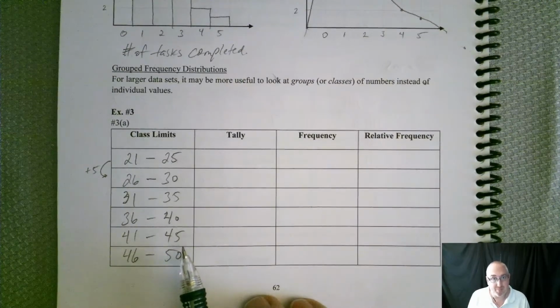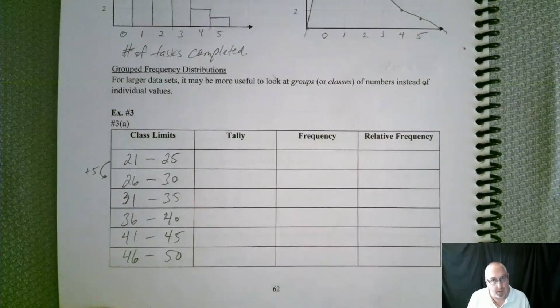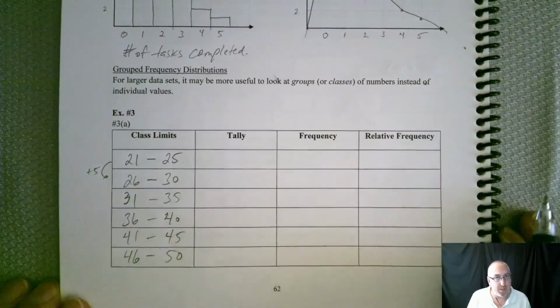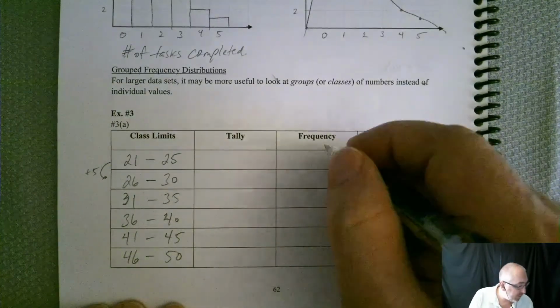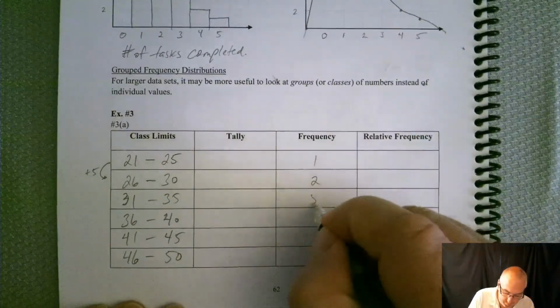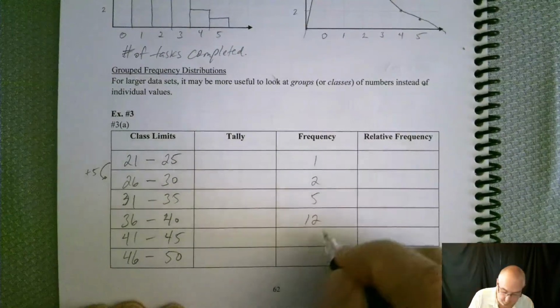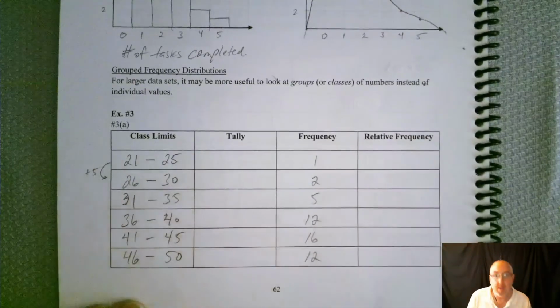Now comes the tedious part, and you have to count all of those values. Well, I have the answers. So let's just kind of cut to the chase a little bit. So the frequencies are 1, 2, 5, 12, 16, and 12.